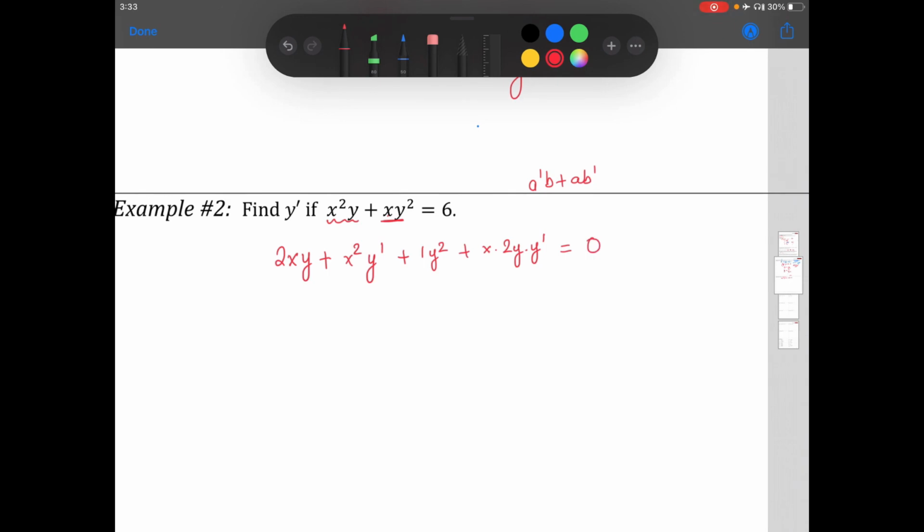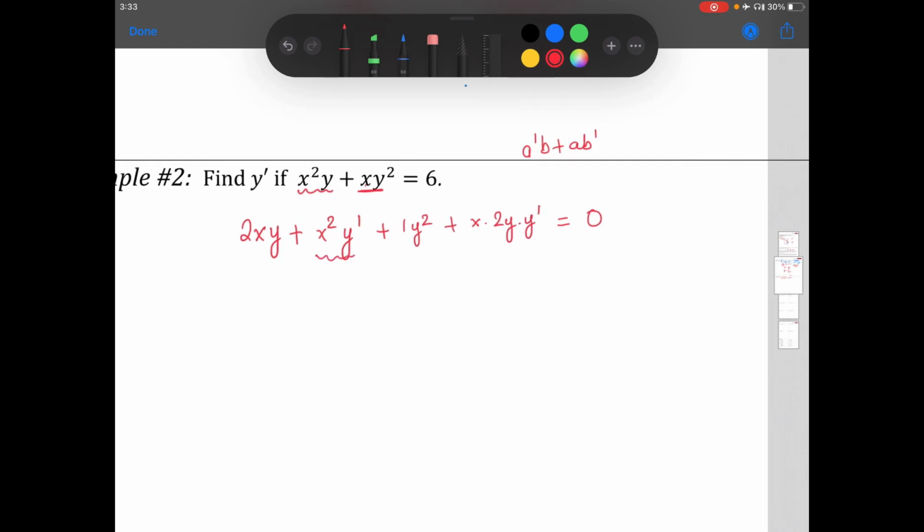So that's your implicit differentiation. That's the part where you took the derivative. Now it is just simplifying or solving for y prime. I'm going to put the y prime terms together and factor out y prime. So what am I left with? X squared plus 2xy. And I'm going to move these terms onto the other side.